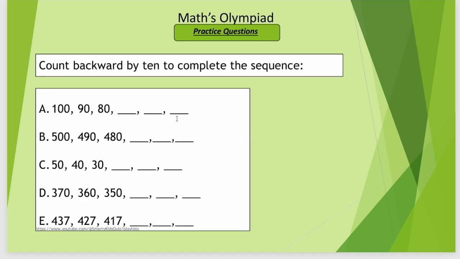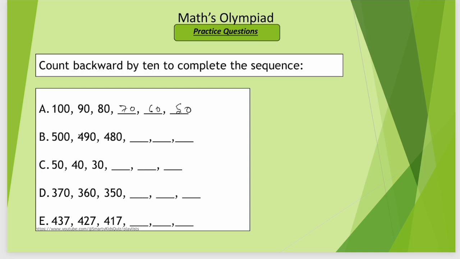Now count backward by 10. Very interesting questions. Count backward by 10. So 100, 90, 80. Just decrease by 10. So write here 70, then 60, then 50. Done. Then 500, 490, 480.